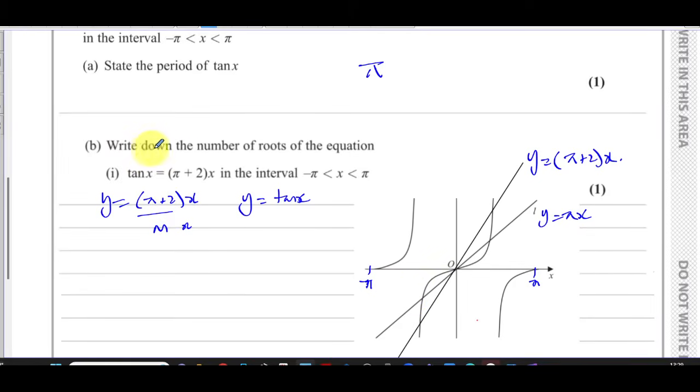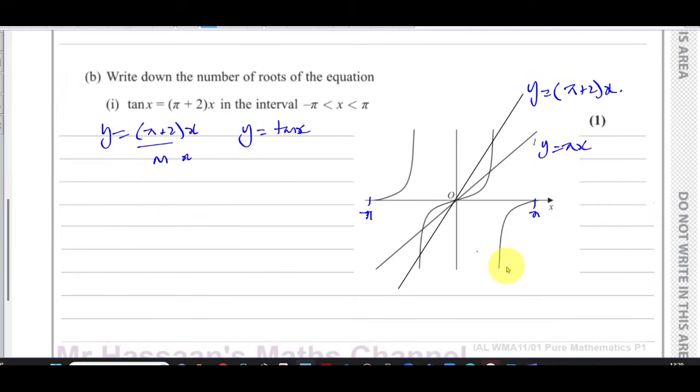And it says, write down the number of solutions of this equation, where these two intersect, between minus pi and pi. You can see from this diagram that this line will continue going down forever, and this curve will come down, but after minus pi it won't intersect it again.